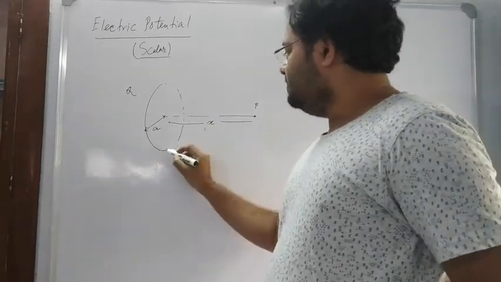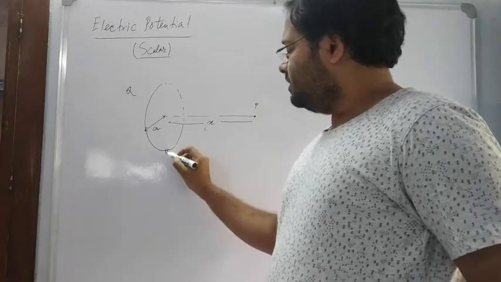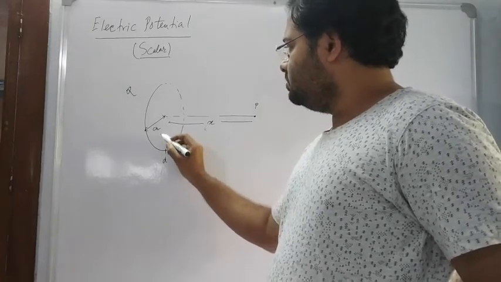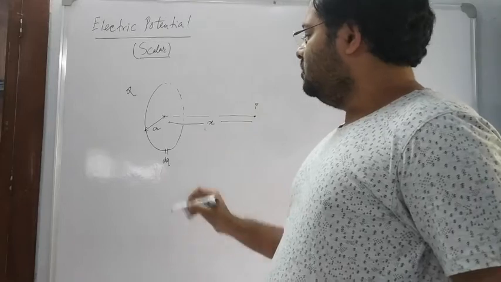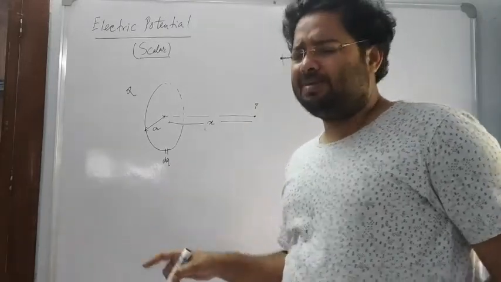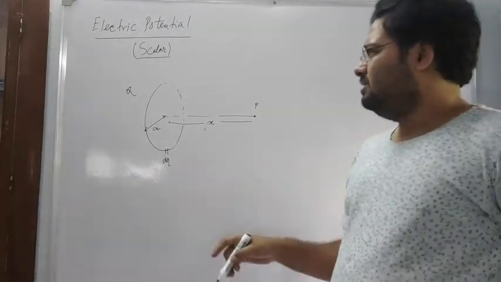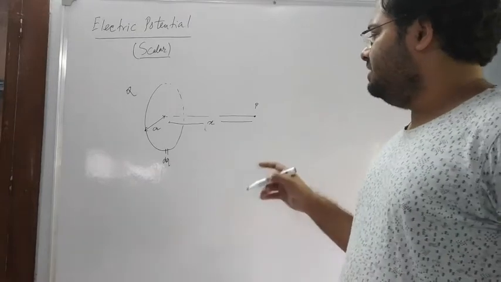So how to calculate it? You can take out a very small point, this is dq. You can take this dq to be lambda times dx, but that is unnecessary. You will see that calculating potential is comparatively easier.